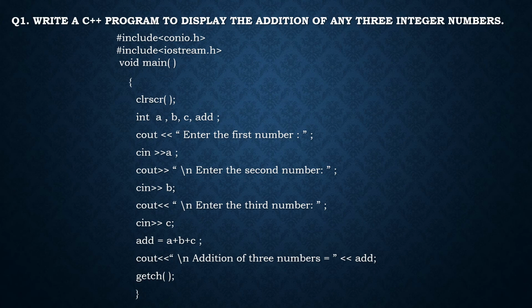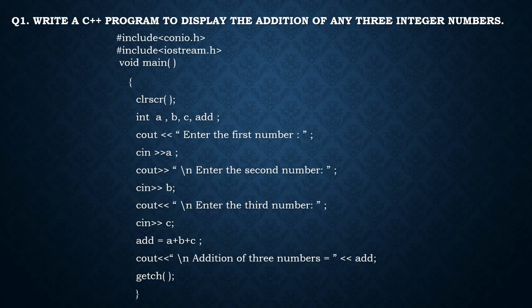Now what function do you have to do? You have to display the result. And where is it stored? In the add variable. So cout addition of three numbers is equal to, again the insertion operator, then the add variable. I have already discussed this: when you want to display any statement, it must be written within double quotation marks, and for variables, you write only the single variable.